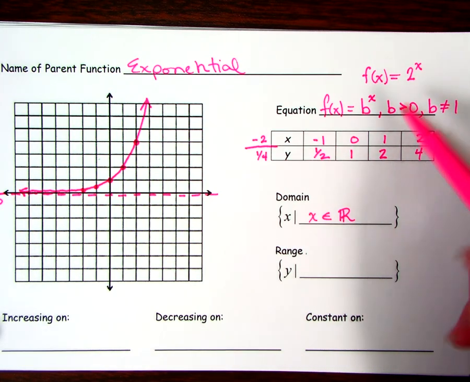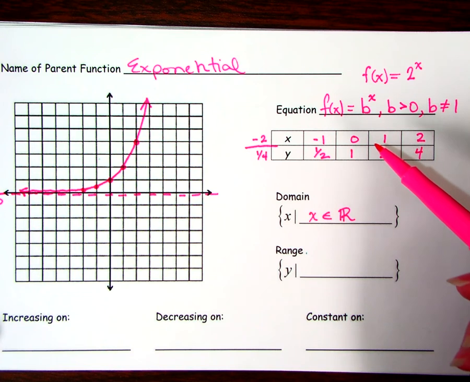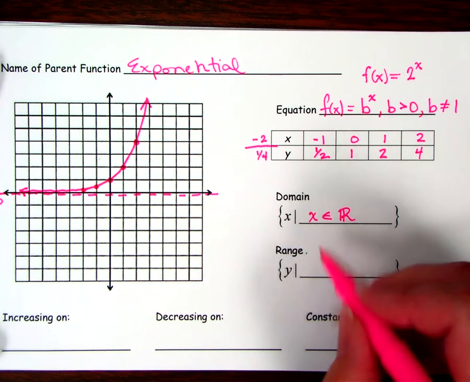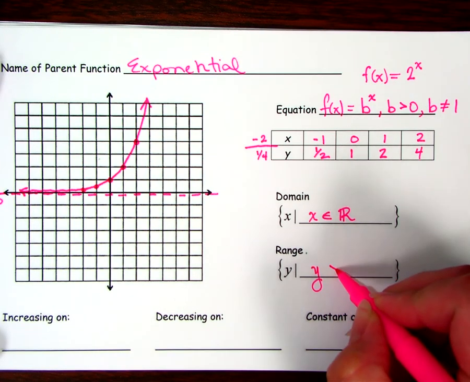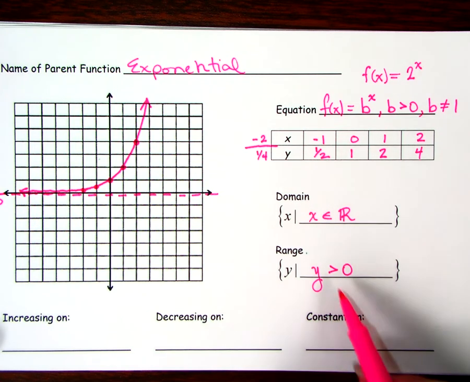The y's, on the other hand, since we're always taking 2 and raising it to a power, and anytime you take 2 and you raise it to a power, you get a positive value, the y values, or the range, is going to include only positive numbers. So this would be y is greater than 0. And that's strictly greater than 0, not equal to.